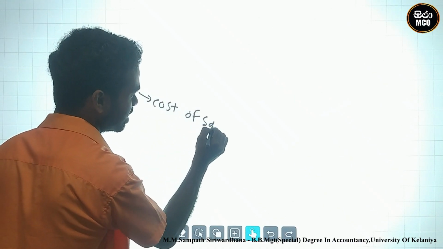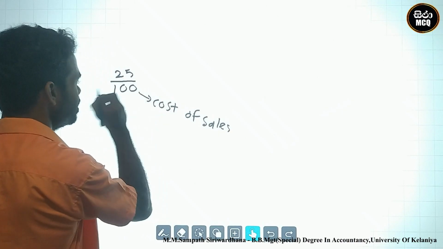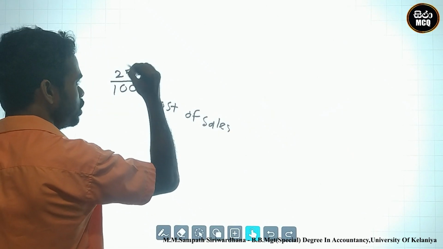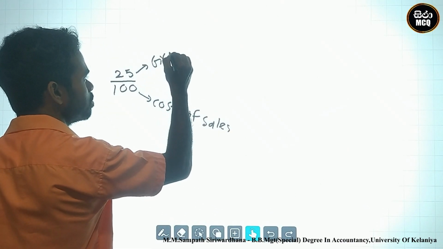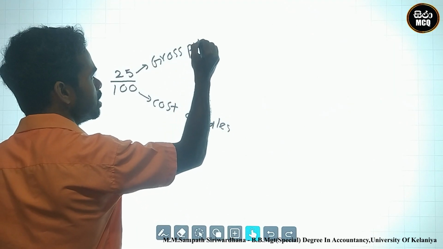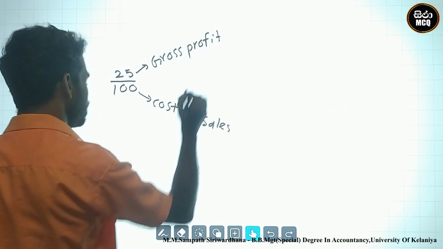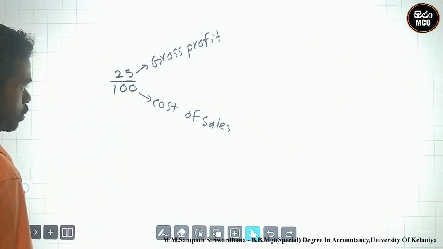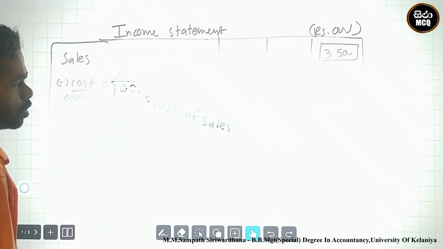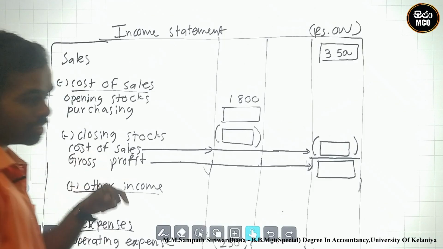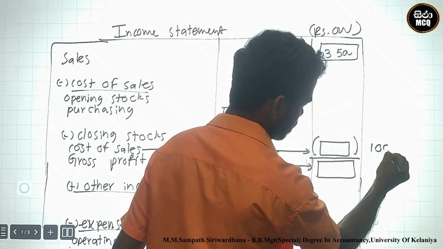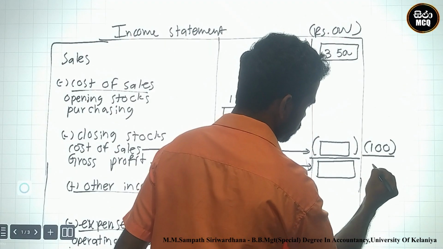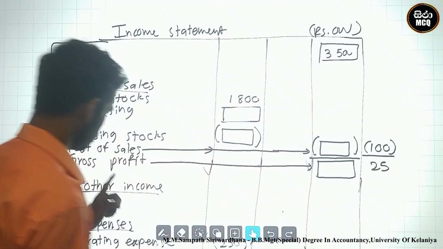Cost of sales is 100 and 25 is gross profit. This is the percentage meaning.